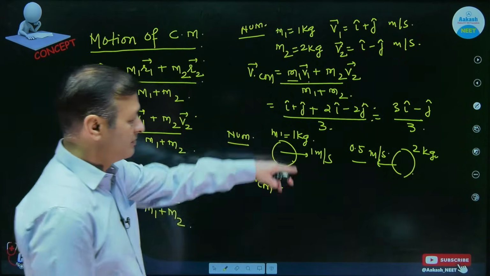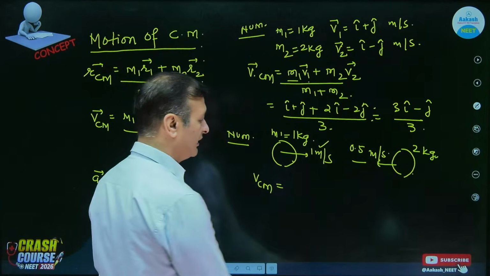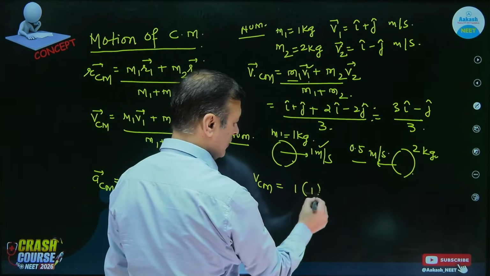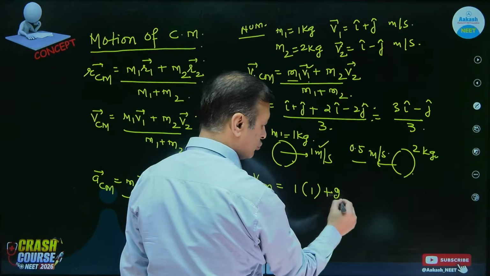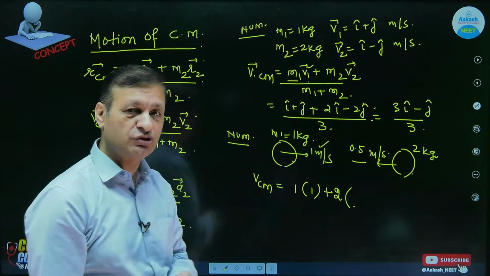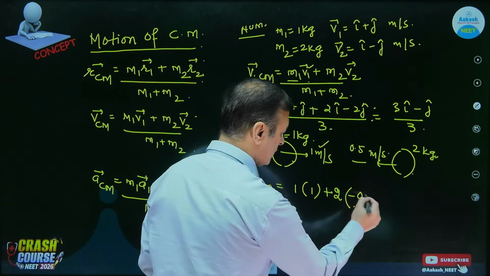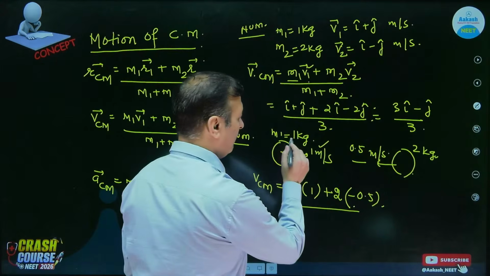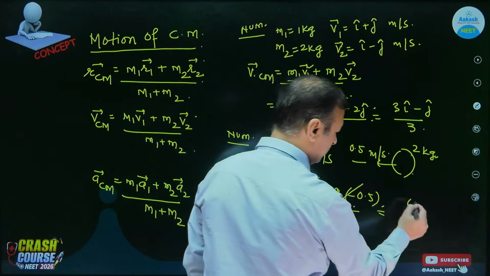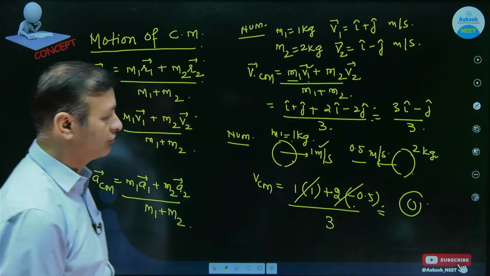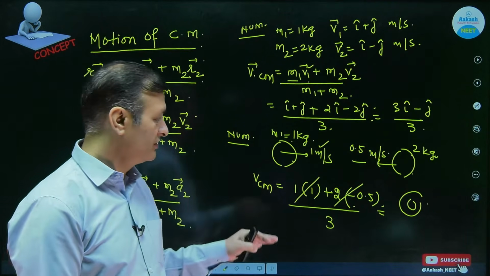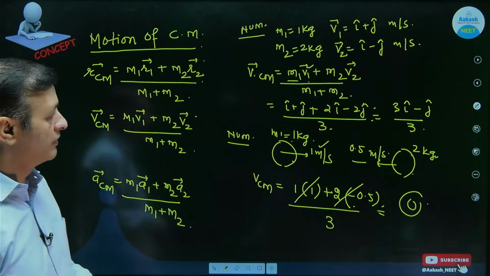This mass is moving towards the right, so its velocity v1 is taken as positive: 1 times 1. m2 is 2, and this mass is moving opposite to v1, towards the negative x-axis, so we put minus 0.5, and m1 plus m2 again gives 3. So 1 minus 1 gives 0. So for this system of two masses moving towards each other, the velocity of center of mass would be 0. You got it or not?